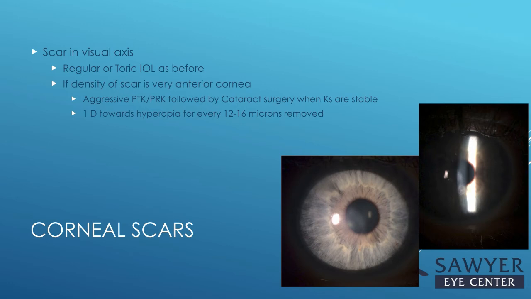She took a whole year to stabilize to where I was comfortable with my intraocular lens calculations. And finally, I went back in and did cataract surgery, and she ended up with a vision of 20/30. I didn't get the entire scar, but I got most of it, and she was very, very happy.